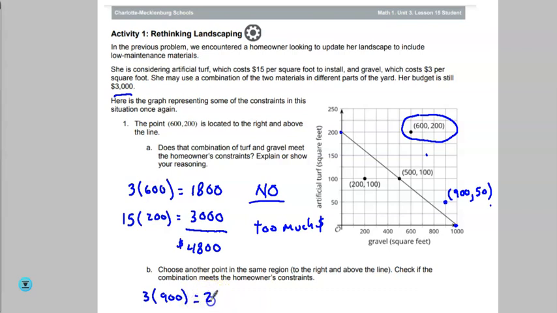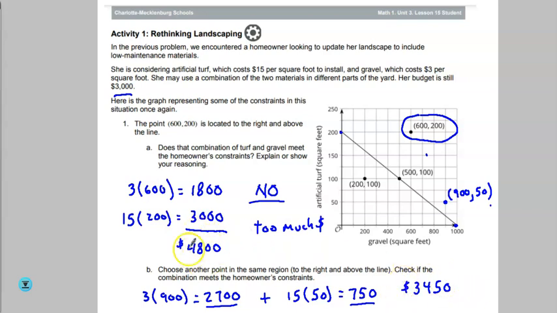That's going to be 2,700. $15 for every square foot, and she's going to get 50 of that. 15 times 50 is 750. But when you add these two together, you end up with 3,450.